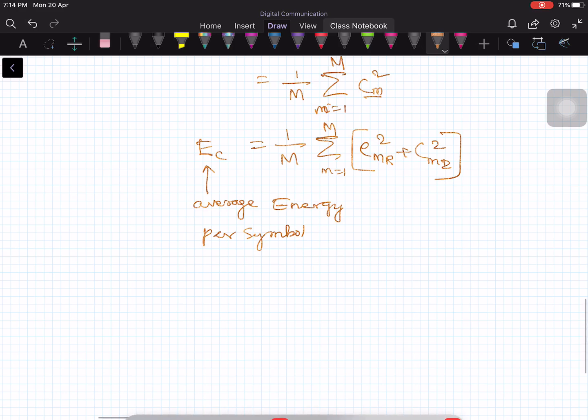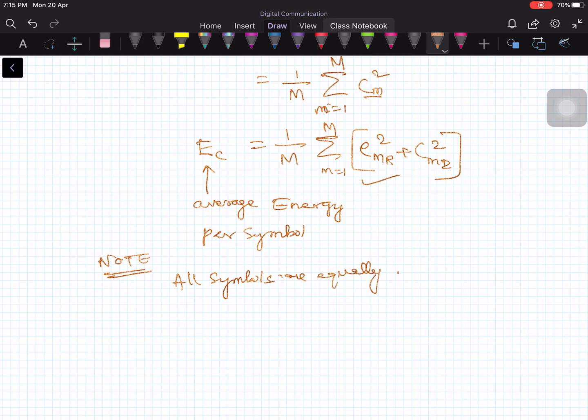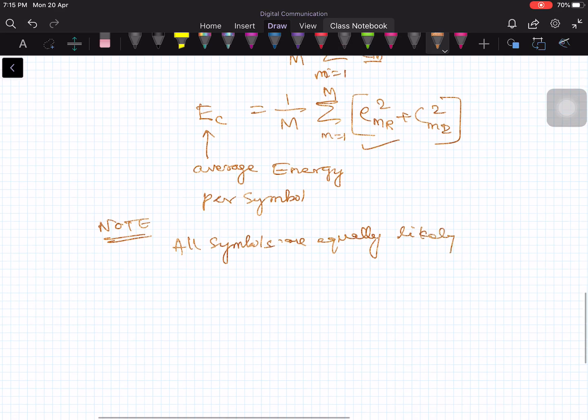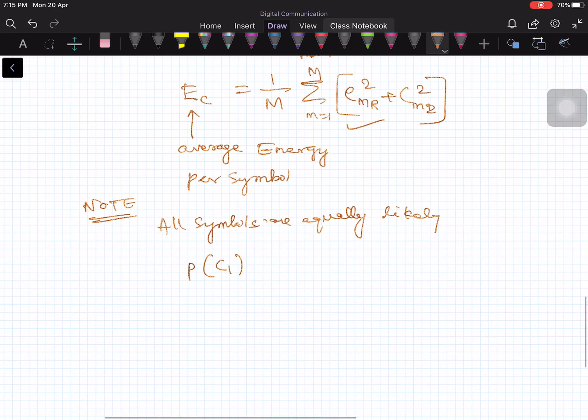And the important point to note here is, we assumed that all symbols are occurring equally likely, otherwise this formula will not be valid. What is the meaning of this? The probability of C1 is equal to the probability of C2 is equal to and so on, probability of C sub M, which is equal to 1 over capital M. Each symbol occurs with the same probability.